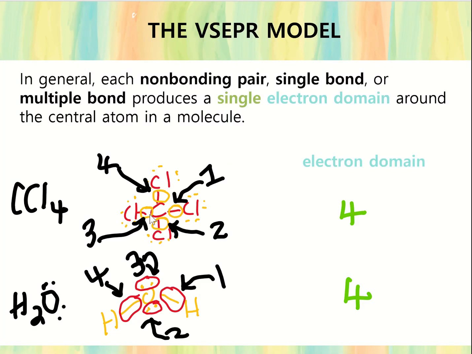For carbon tetrachloride, we have only bonded pairs, and so we have 1, 2, 3, 4 bonding pairs, so 4 electron domains. For water, we have 1, 2, 3, 4 electron domains. So again, each non-bonding pair, single bond, or multiple bond produces a single electron domain.